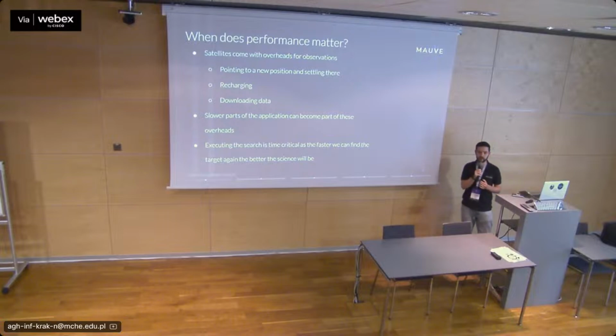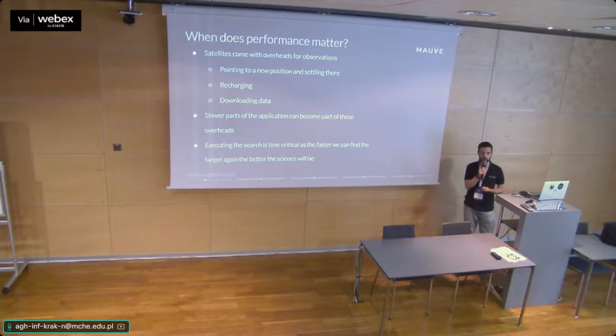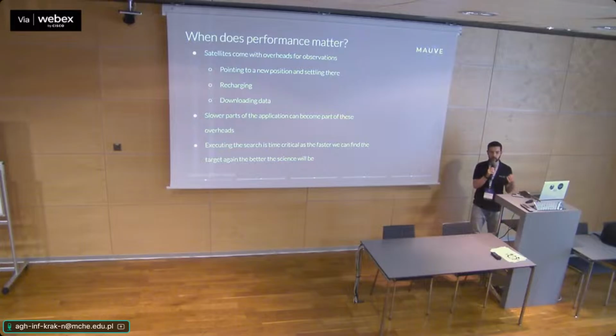There are obviously some situations where you want things to be a little bit faster. So for example, when we realize that we want to do a search, the faster we can execute that search, the faster we can get back to pointing in a good direction, and the more and better science we can be doing. So that's where native Python is maybe a bit slower, and NumPy will help improve performance.